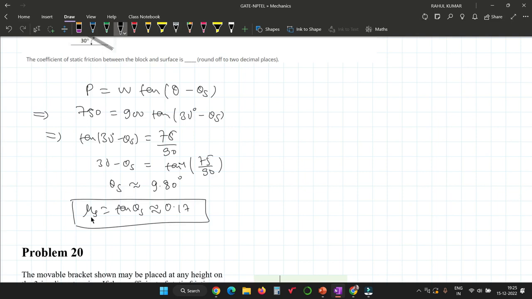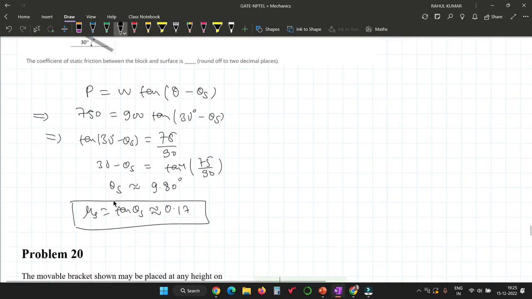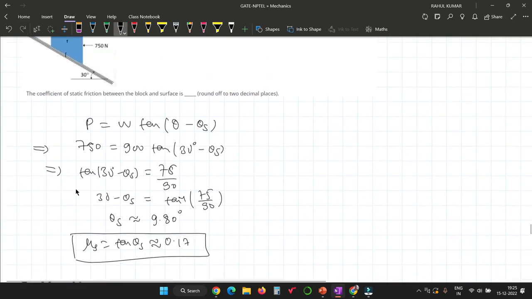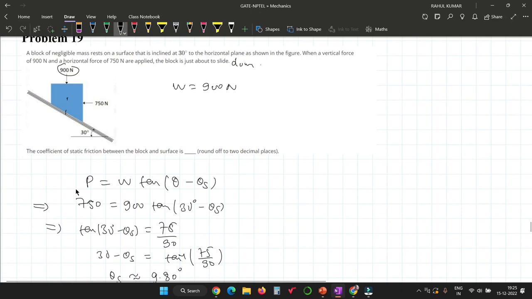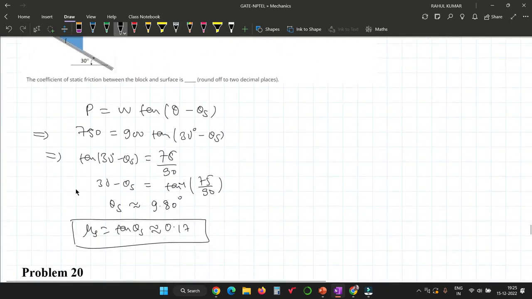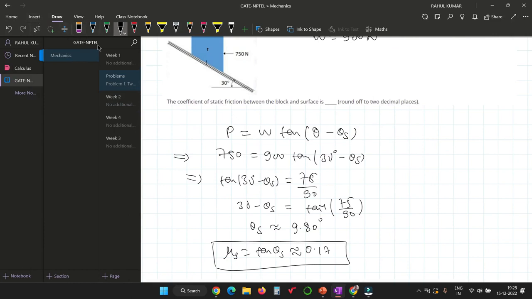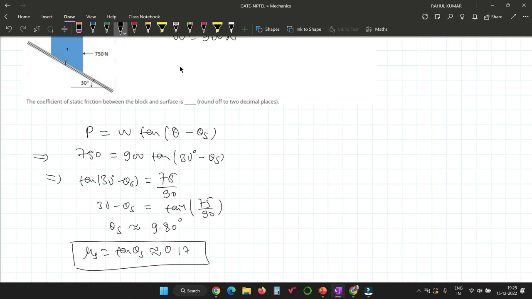Minus 0.71 means it slides downward. How is it minus? You are getting minus, right? Actually, here theta s must be, I'm writing it wrong. Here it must be theta s minus theta.